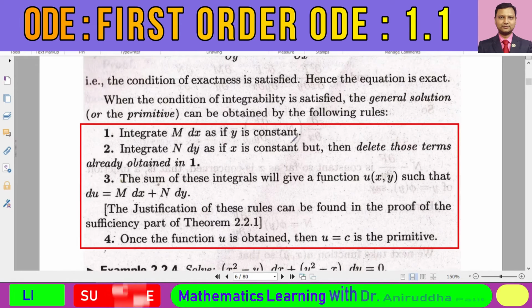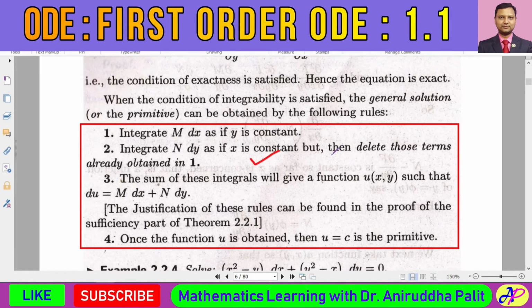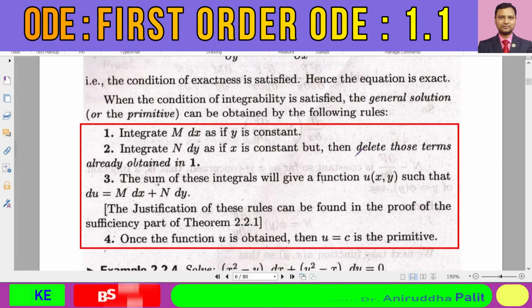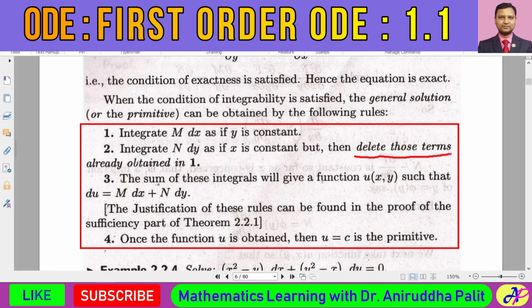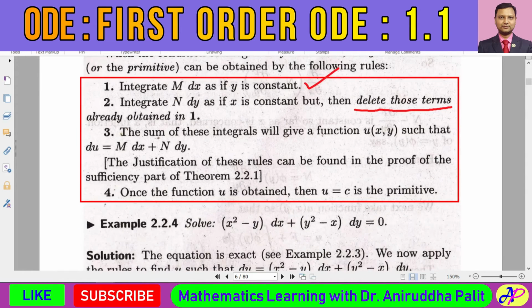Now in this second step, we have to delete those terms which are already obtained in step number 1. Let me show you this by computing in detail.